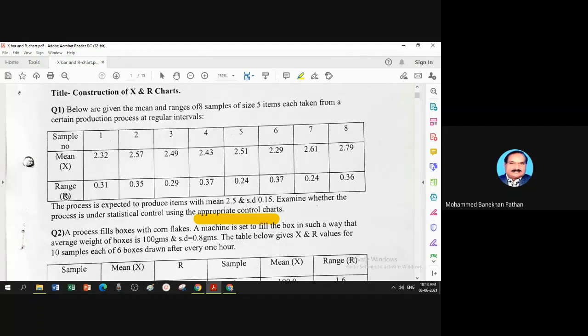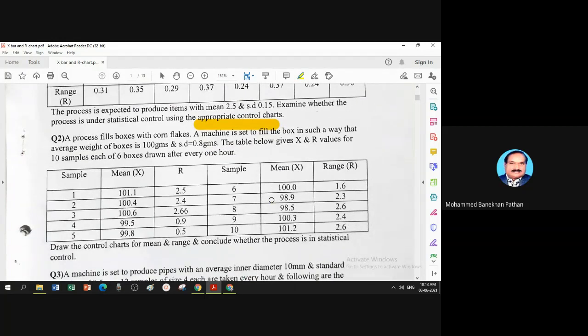So firstly we draw the R chart and try to make the R chart under control, and then using that, that means R bar you will get from there, is used to get the X bar chart. But that is required if the standards are not given. Here standards are given, so you can proceed by any one way.